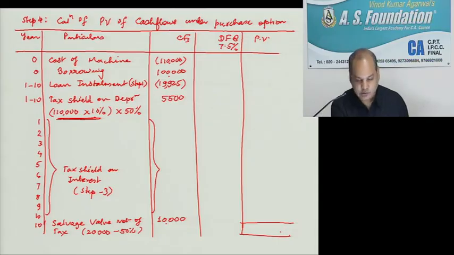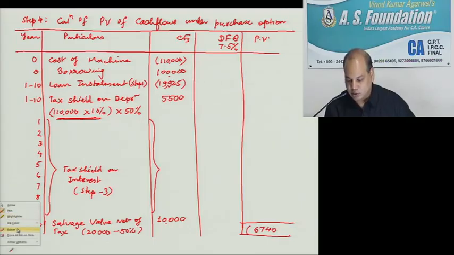Take the total of the last column. Yes. Answer here. Louder. Minus 6,740. It seems you are not right. People are not happy with you. Are you? 6 and 401.